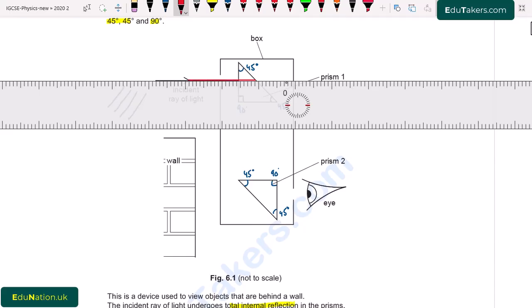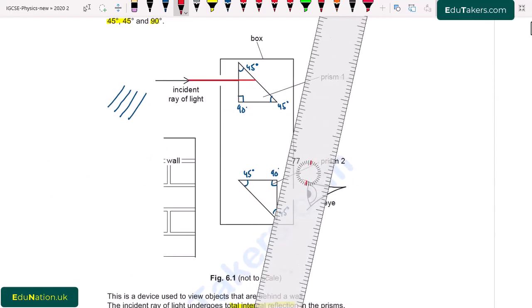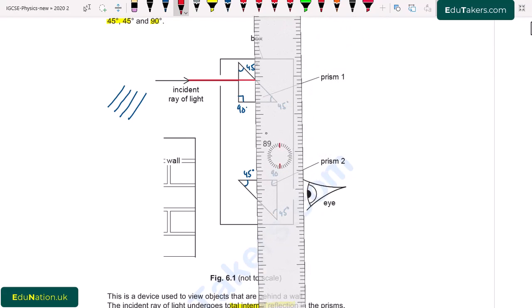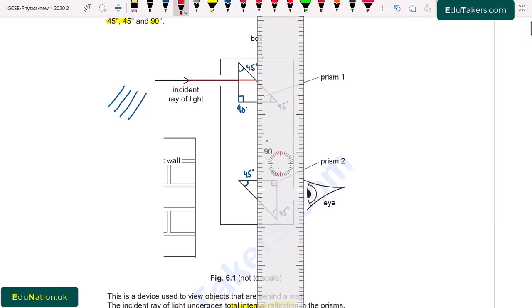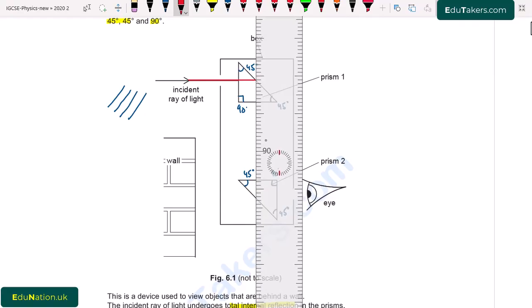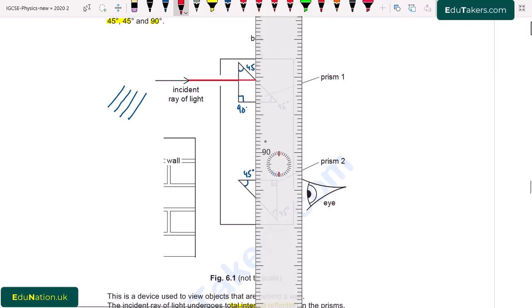So this is the incident ray, and it also hits the prism 2 perpendicularly. The angle between them must be equal to 90. So I draw a line from prism 1 reaching the prism 2 and hitting it.